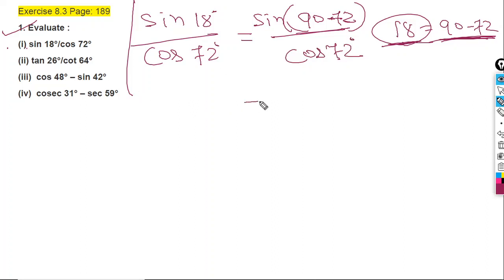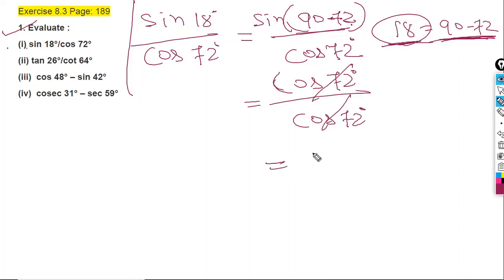Now, sin (90 minus theta) is equal to cos theta. So you can write cos 72 degree divided by cos 72 degree. Now this can be cancelled, and it will be equal to 1. So the answer is 1 for (i).